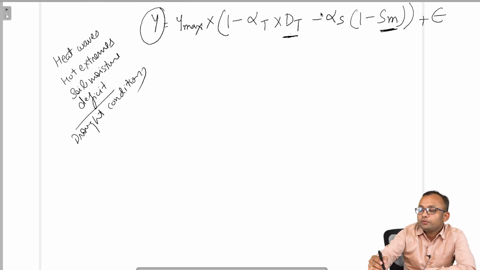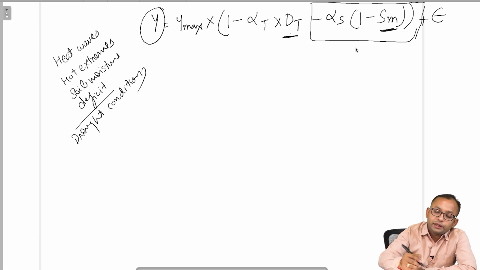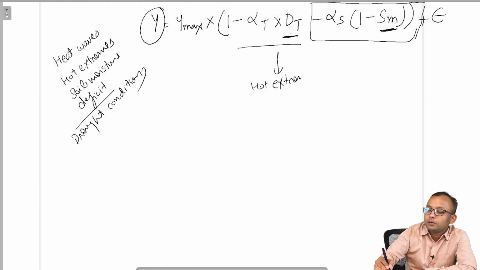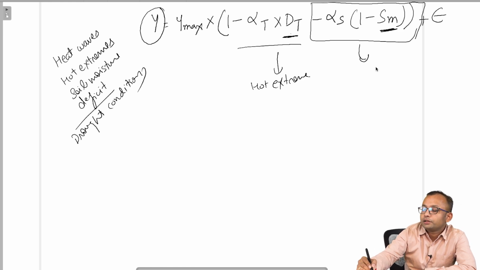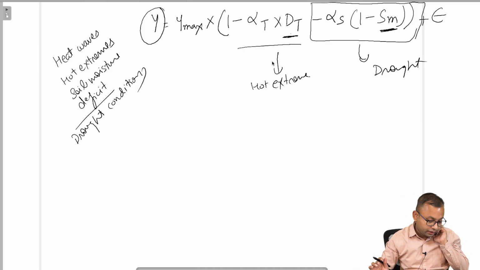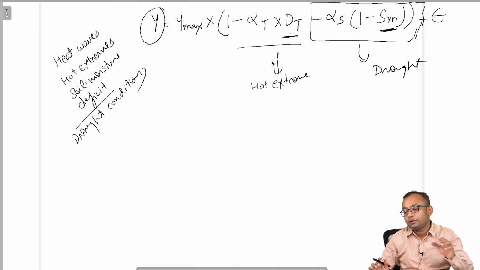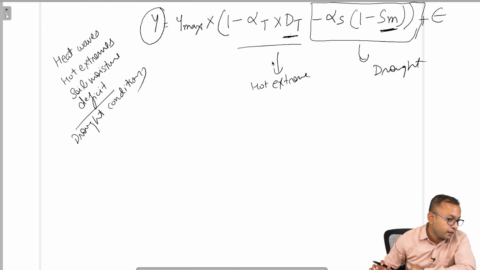If you remove this term, we will be simulating only the effect of hot extremes. Here we are simulating the effect of a drought event. When we combine these two together, we are modeling the effect of hot extremes plus drought.